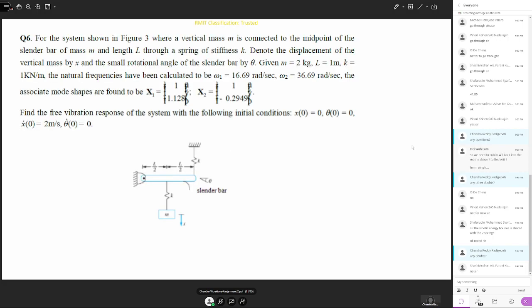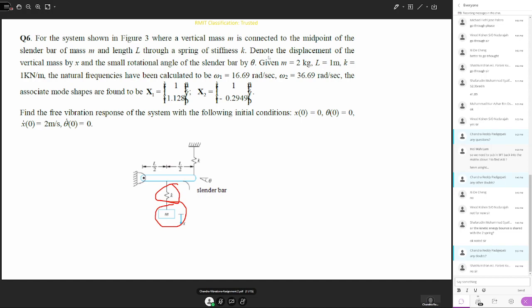Here the question reads: for the system shown here, a vertical mass is connected to a spring at the midpoint of the slender bar. The length of the bar is L, mass is M, and the stiffness constant is K.